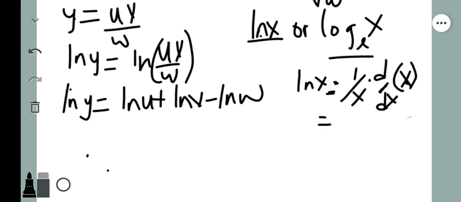So here I have 1 times 1 over x times 1, which gives me 1 over x. That is why the derivative of ln x is 1 over x, not because it is just 1 over x. You first start with 1 over that expression, and then you differentiate whatever I have in it.